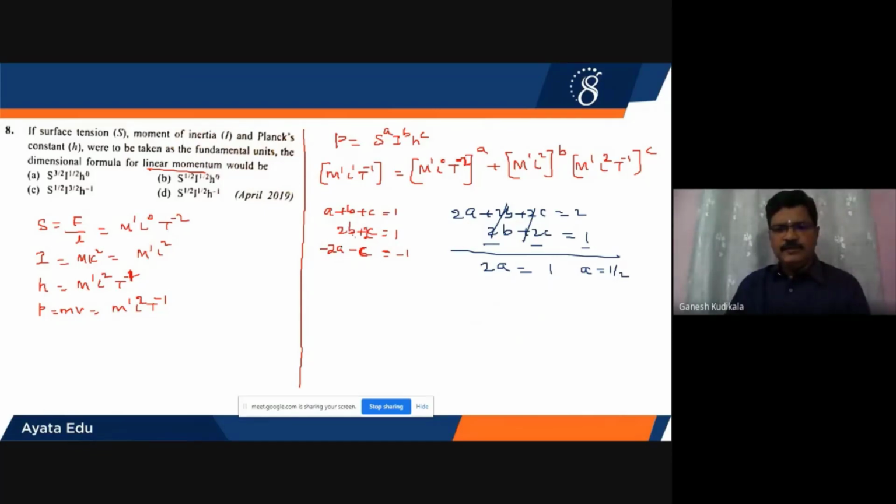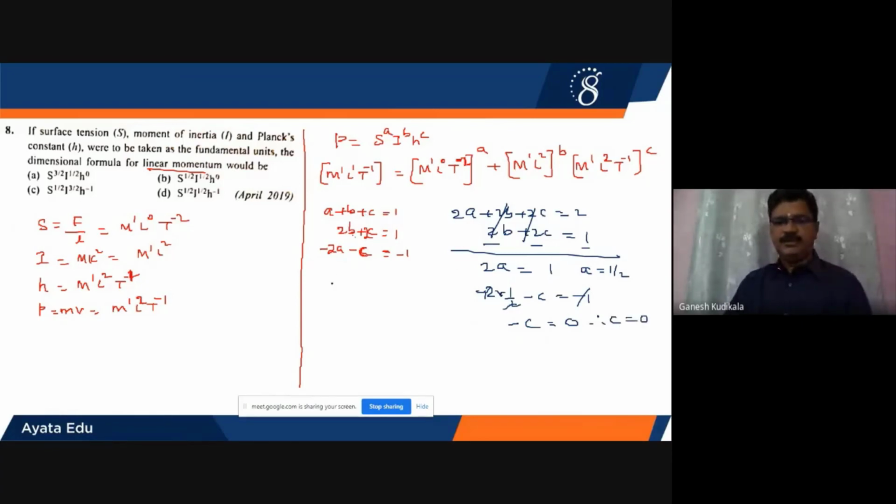Next, if I substitute the value of a in the third equation, minus 2 into 1 by 2 minus c will be equal to minus 1. These two get cancelled, minus 1. So minus c will be equal to minus 1 and this minus 1 will be equal to 0. Therefore, c will be equal to 0.